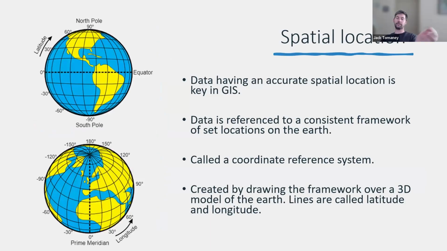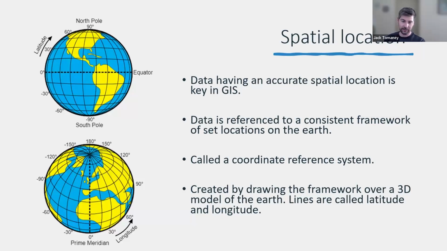Okay, so the first concept I'm going to talk about is spatial location. It's probably already clear that one of the most important aspects of GIS is the geography that the data has, or its spatial location. I've already mentioned a few times the concept of the data having a locational place within a reference system, and this is very key within GIS, so it's important to quickly explain what that is.